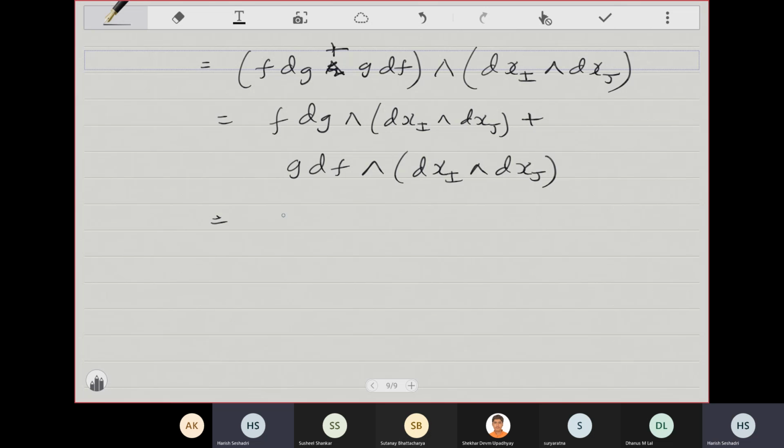The first one will give me f dg. Now I'll use associativity of multiplication.